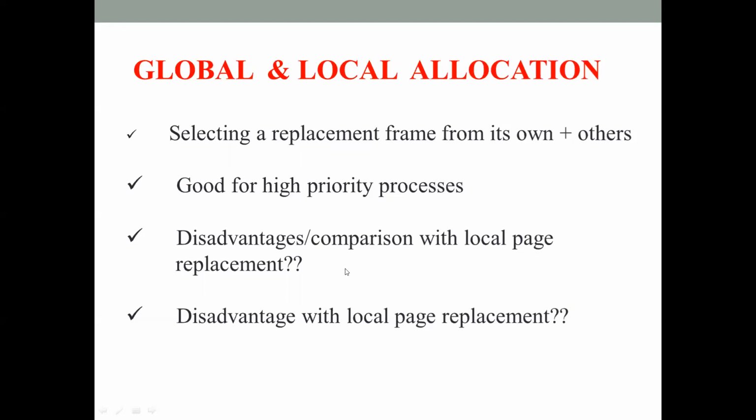So I don't know whether my page will reside in memory or not, because any other process can take away that frame and use it for its own purpose. I cannot control whether my page and my frame will be available to me till I finish my execution in global page replacement.